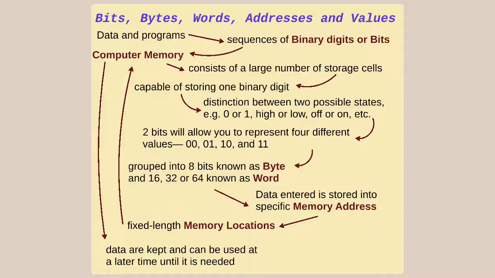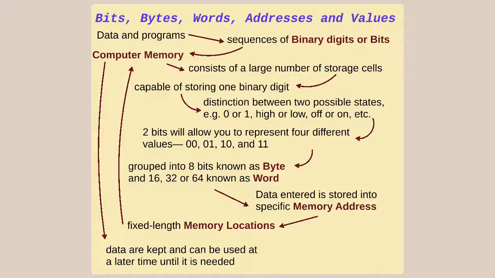So one bit can only be used to represent two different values, 0 or 1. Increasing this to 2 bits will allow you to represent 4 different values: 00, 01, 10, and 11.